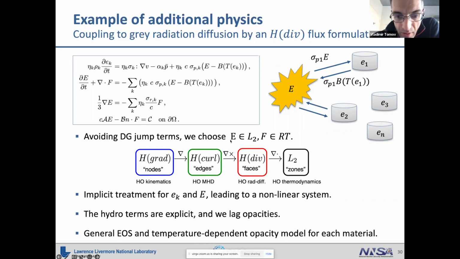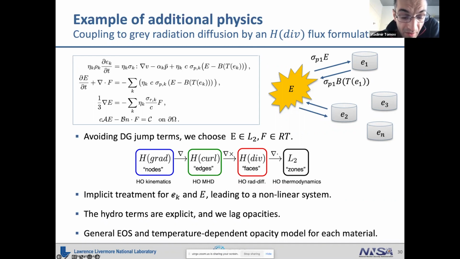So with that, it's diffusion. We take this HDiv approach mostly because we don't want to deal with DG jumps, because the divergence of H, this term goes in L2, so it's all good.